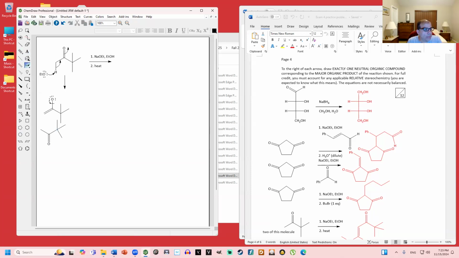And so we reform the carbonyl. Enolate then attacks. These electrons will remain attached at that carbon and form a new bond between that carbon and the carbonyl carbon.